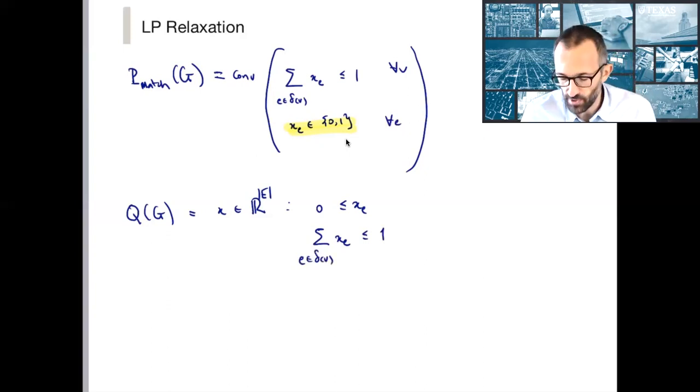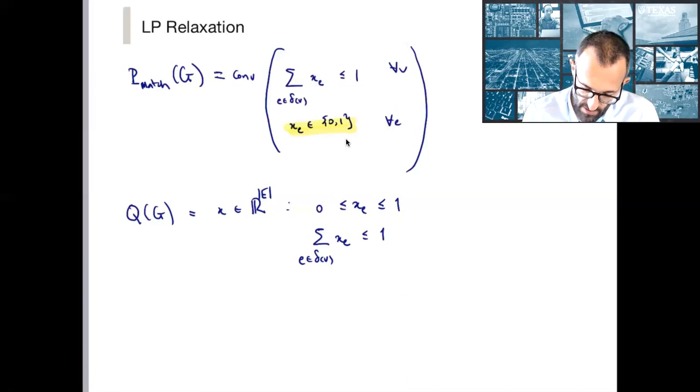This of course also implies that individually each x_e is at most 1. We could add that constraint, but it is implied by the sum.